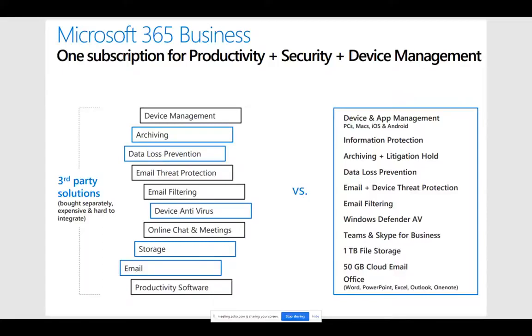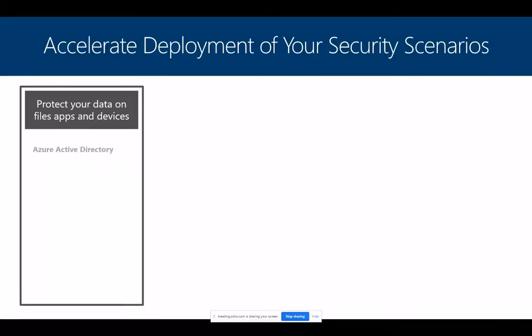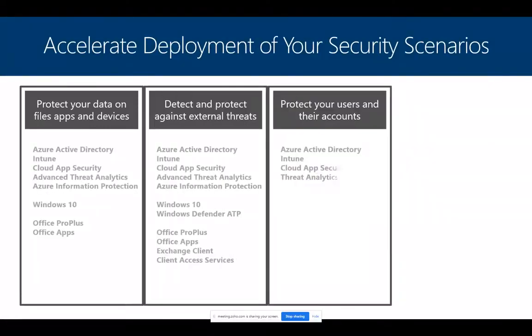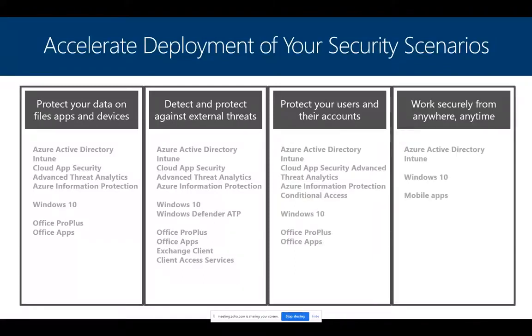And the good part is the entire M365 solution is a tailor-made solution. Depending upon the need of your organization, you can select what exactly is your goal, and basis your goal, you will be able to procure the products as per your requirement. So if you just wish to protect your data on files, apps, and devices, all that matters is Azure Active Directory, your information protection, and your client operating system with applications.